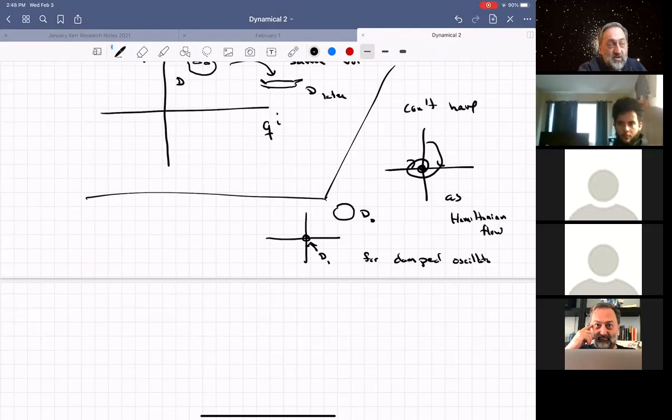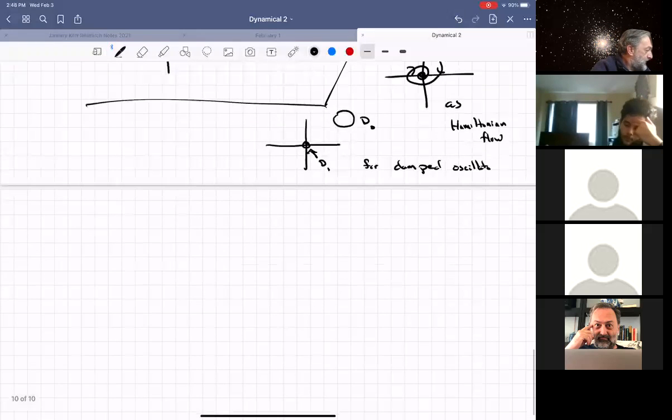One group was Smale out at Caltech, an American group. And the other group was Kolmogorov, Arnold, and Moser, who developed something called KAM theory. These were all Soviet mathematicians working in Moscow.